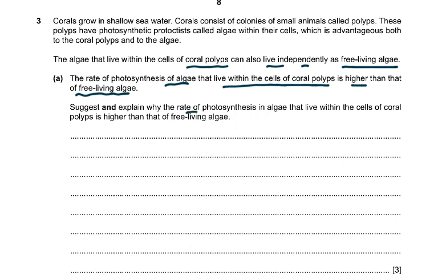Suggest and explain why the rate of photosynthesis in algae that live within the cells of coral polyps is higher than that of free-living algae. Basically, the reason is the carbon dioxide concentration is higher. Why? Because the coral or the polyps are respiring and producing carbon dioxide.